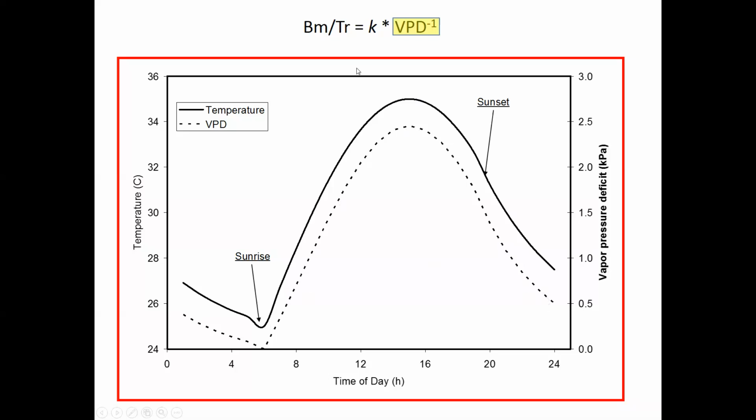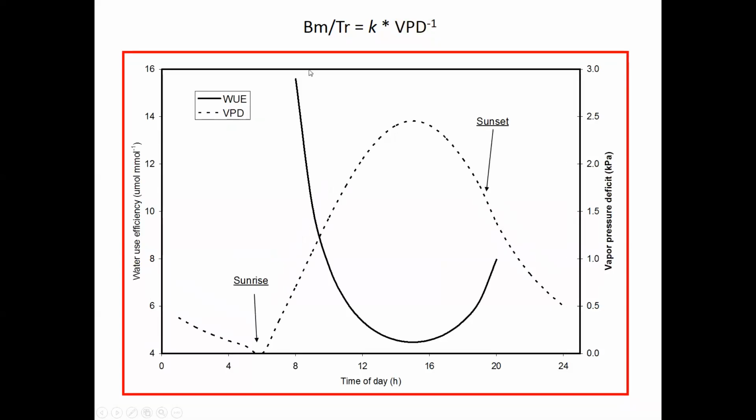So looking at this equation at the top, as vapor pressure deficit begins to increase, we would expect water use efficiency to decrease. In this graph, I'm looking at water use efficiency versus the time of day, and we see that water use efficiency decreases as vapor pressure deficit reaches its peak.